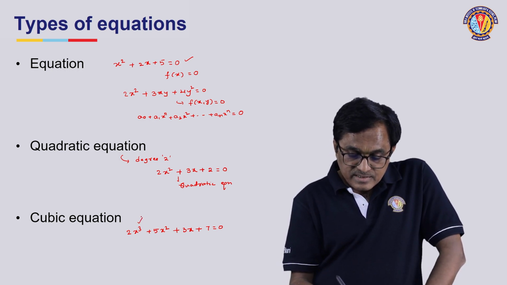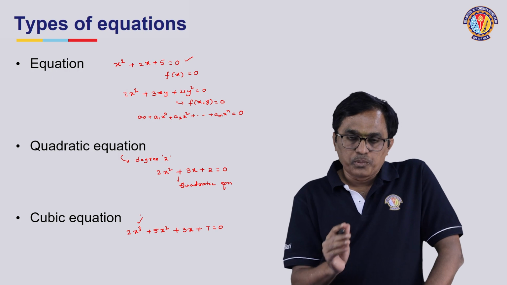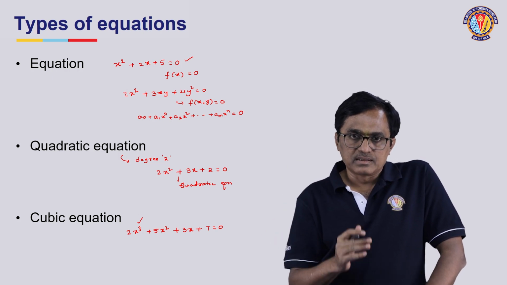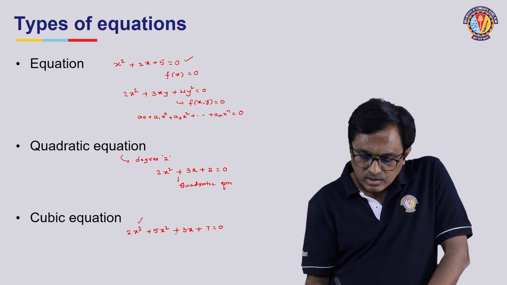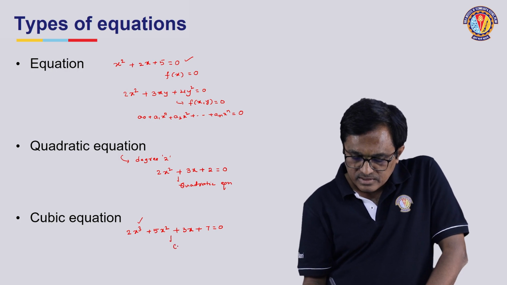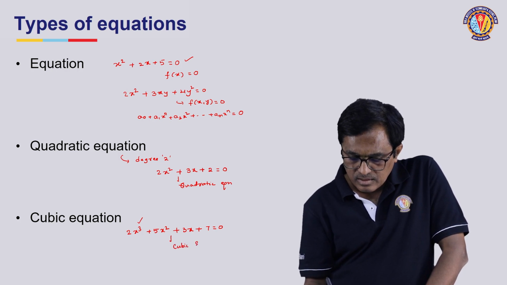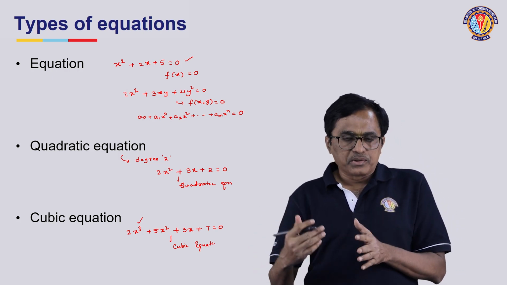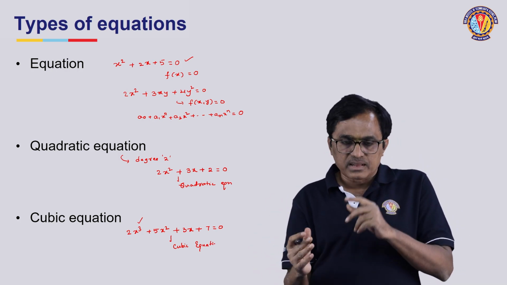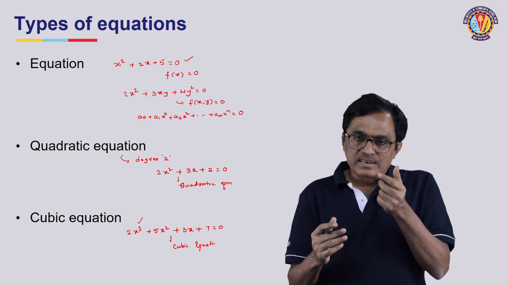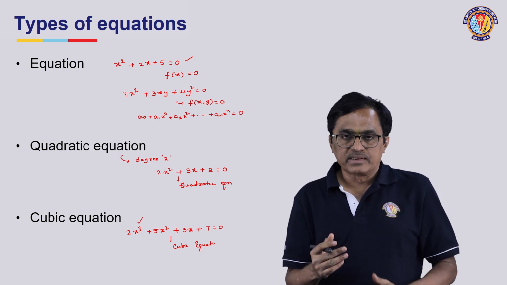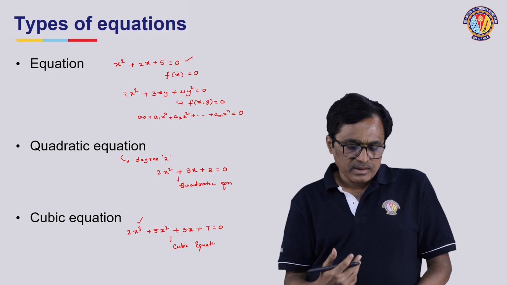And here the highest degree is 3, right? x cube is the highest term. So that means degree is 3. Then we call this a cubic equation. So we can continue. If the highest degree is 4, then we call it a biquadratic equation and so on.